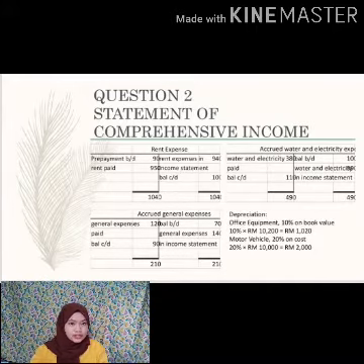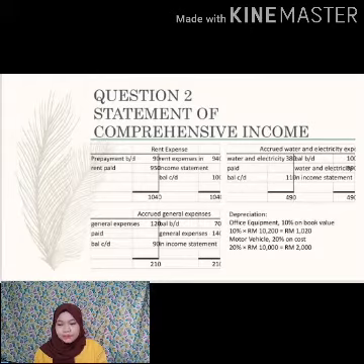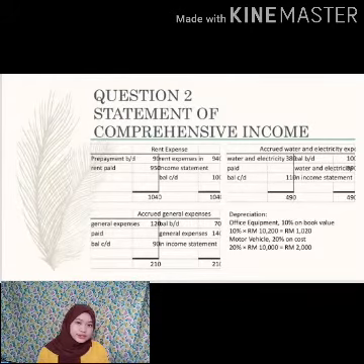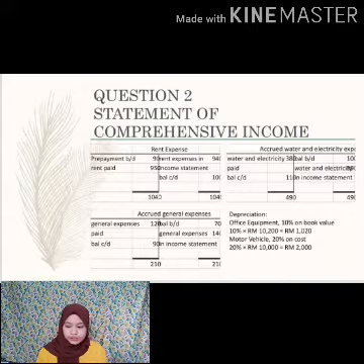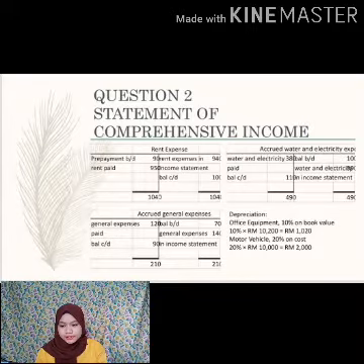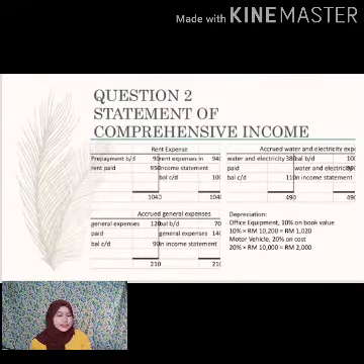This is given in the questions. And then the balance CD 110. So at the credit side, this is what we need to find before we do the statement of comprehensive income.